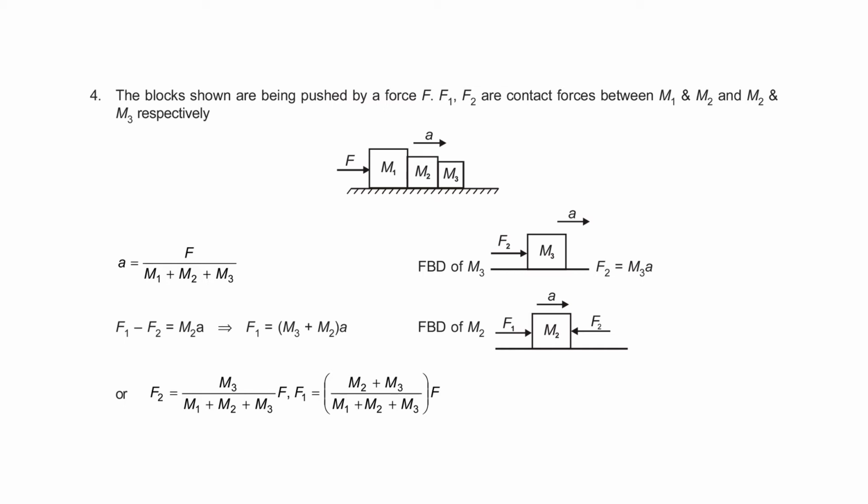F1 minus F2 equal to M2A, where F1 is equal to F2 plus M2A, or F2 is equal to M3 divided by (M1 plus M2 plus M3) times F, and F1 is equal to (M2 plus M3) divided by (M1 plus M2 plus M3) times F.